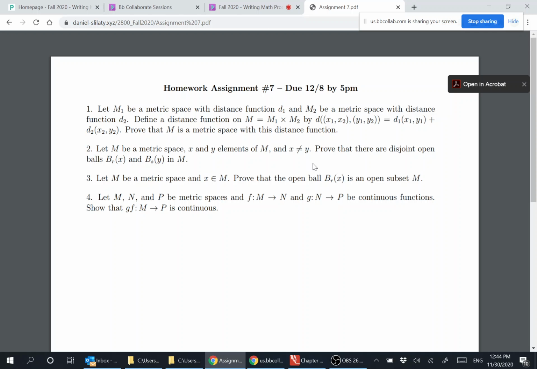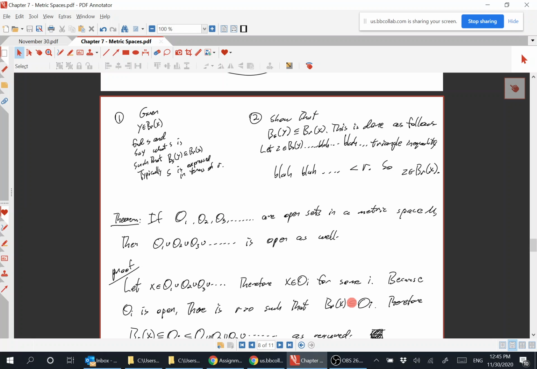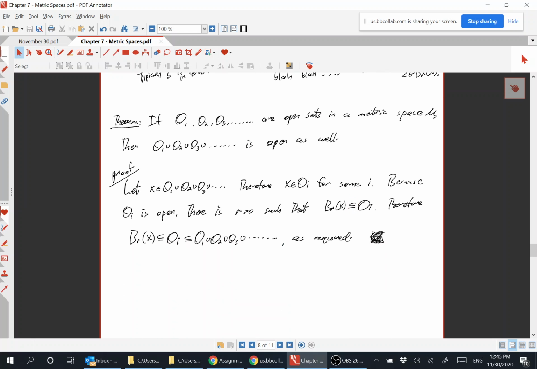And then you have to show they're disjoint. You have to tell me what R and S are explicitly, not like R is equal to a half or R is equal to 10 to the negative 10,000 or something like that. No, you can't say an actual number. You need to tell me what it is explicitly. It's going to be in terms of the distance from X to Y. Let me write that down. So for number 2, this one that we just did was number 3.